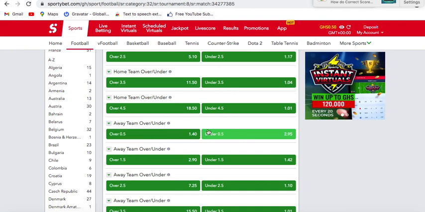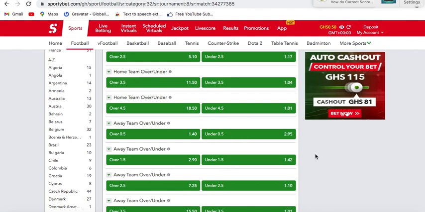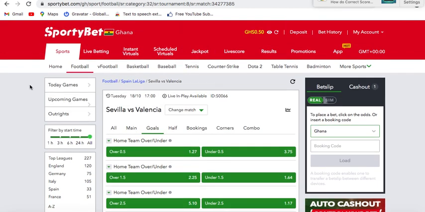So guys, this is how you can predict total goals for an actual match and use those goals to predict the correct score. I've already talked to you about a few strategies in the first video I posted on how correct score works.